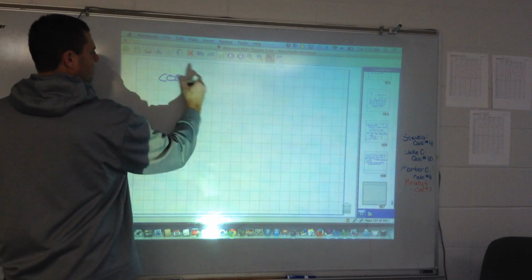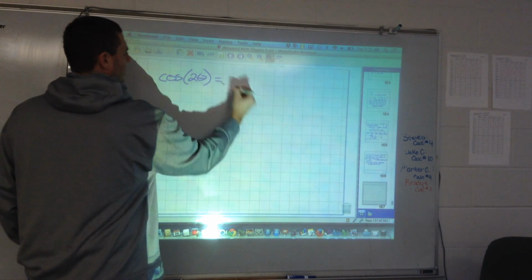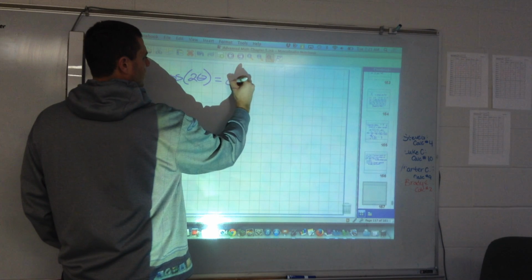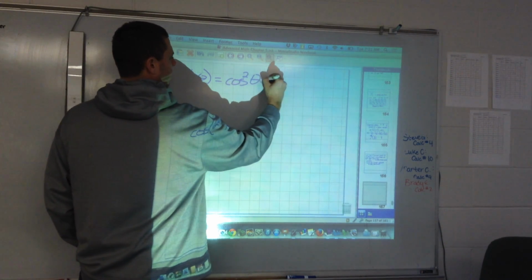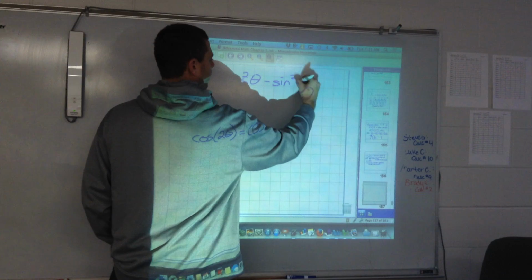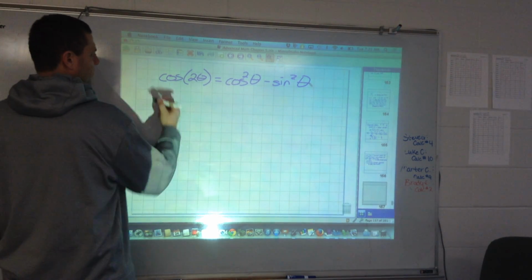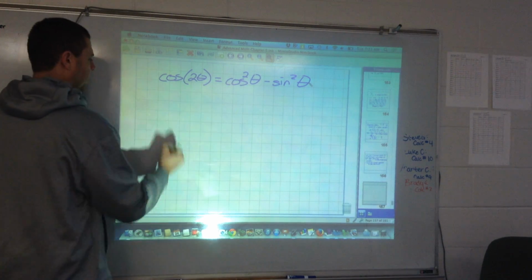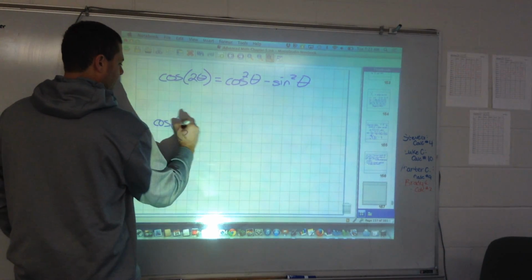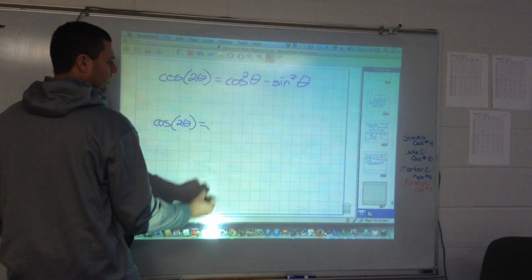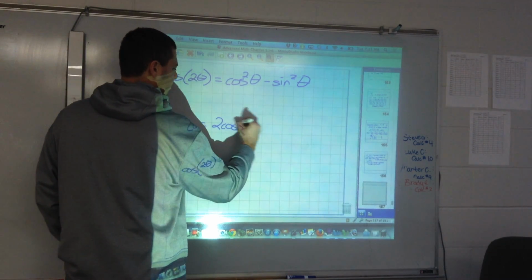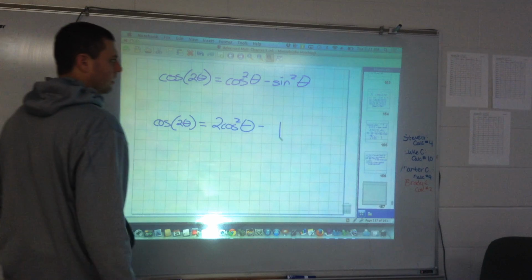Okay. The cosine of the double angle is equal to cosine squared theta minus sine squared theta. So there's one of them. You'll see 3 identities for this one in there. The cosine of the double angle could also equal 2 cosine squared theta minus 1.